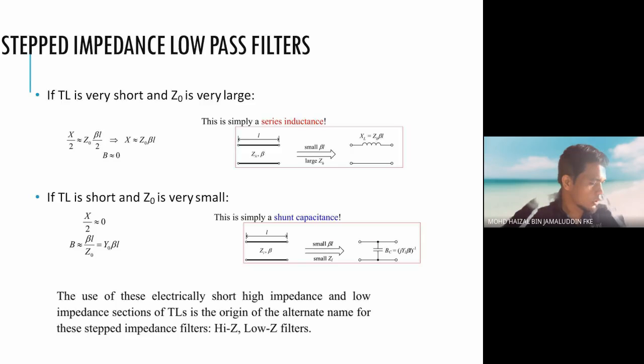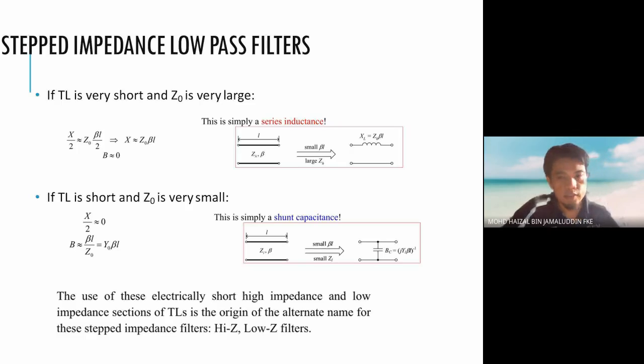here we can see that B is equivalent to Y0 sin(βL). So actually, it's representing a shunt capacitance. In this case, we are using Z0 that is very small.